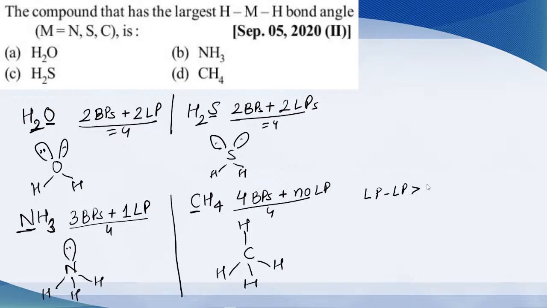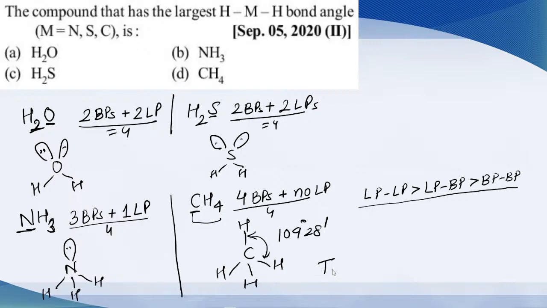Lone pair repulsion is more than lone pair bond pair repulsion, which in turn is greater than bond pair repulsion. This is the order of repulsion. So in first case, in CH4, there are only bond pairs. So all bonds are regular bonds, that is 109 degree 28 minute, and this shape is known as tetrahedral. What about ammonia?